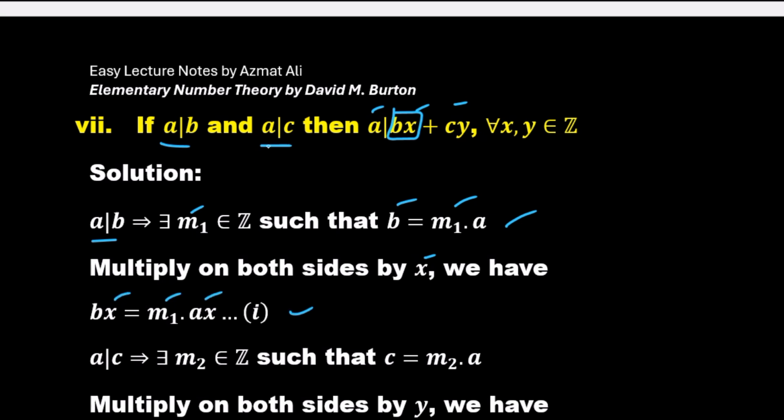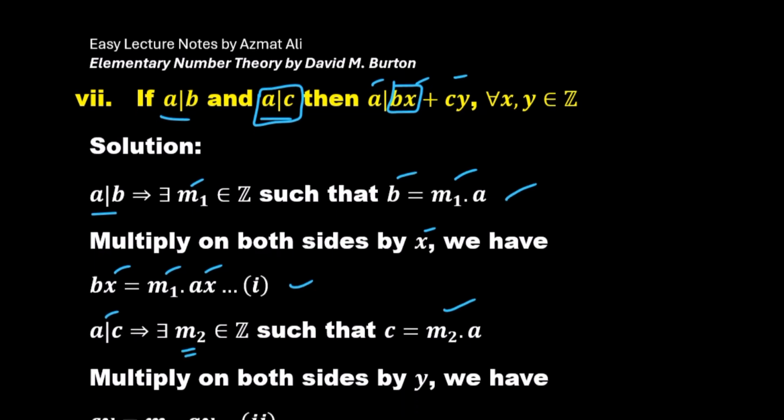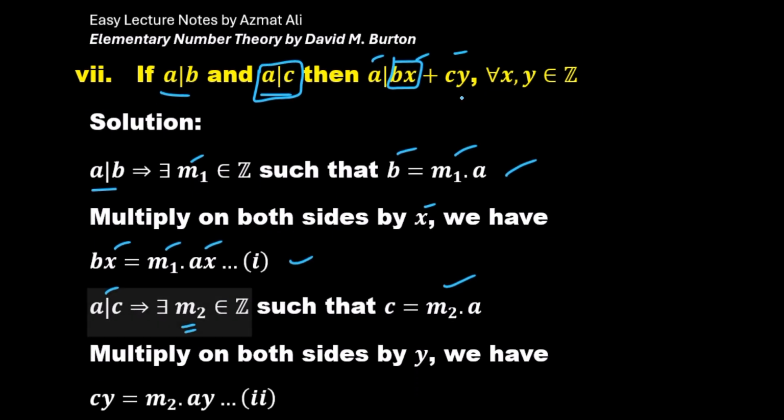Now we use the second part, that A divides C. A divides C means there exists another integer m2 such that we can write C is equal to m2 into A. Again, in the original statement, C is multiplied with y, so we multiply this equation with y, we have cy is equal to m2 into ay.